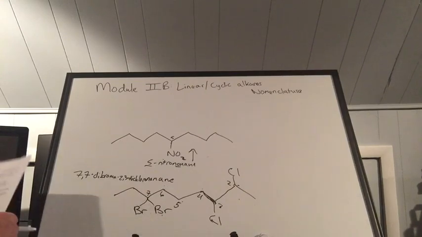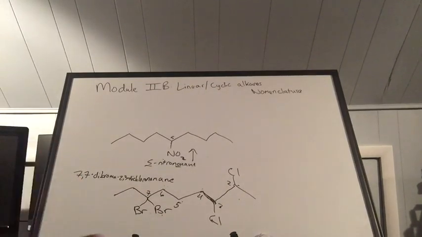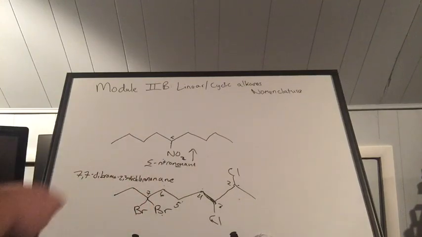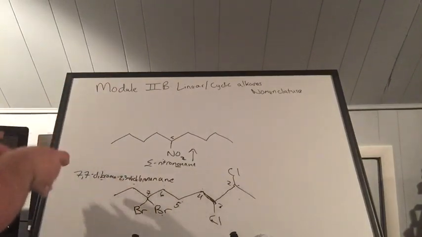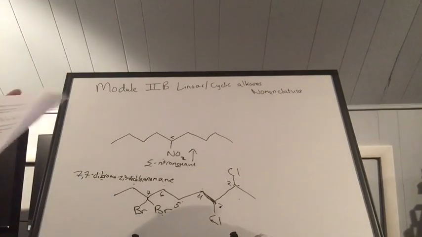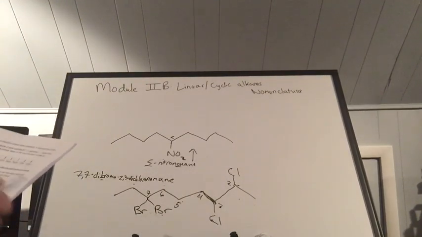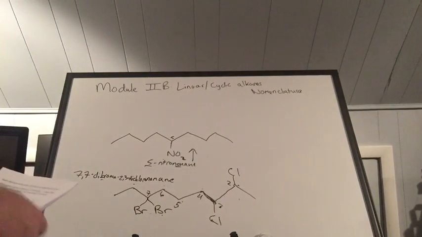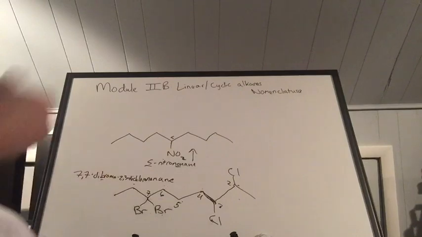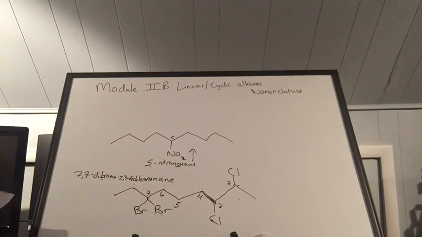So just remember that it always defaults to the lowest locator numbers in alphabetical order. Okay, so again, the B and the C here are what it's going to place. So it's going to go A, B, C, D, E, F, G, H, I, J, K, and so on. Okay, so when we think about multiple repeats of the same substituent, you're going to have di, tri. So di is going to be for 2, like a diode, right?